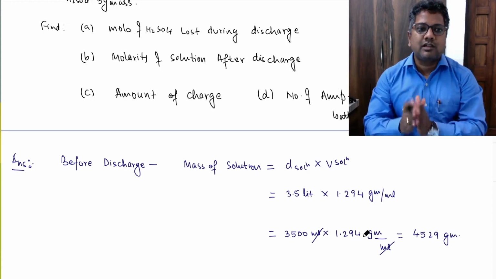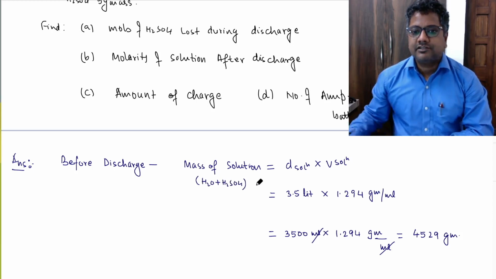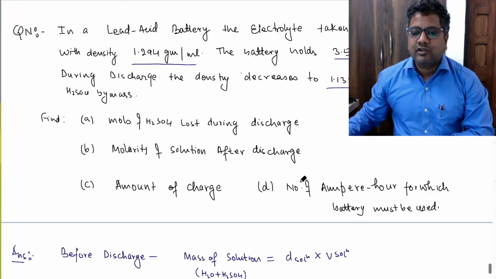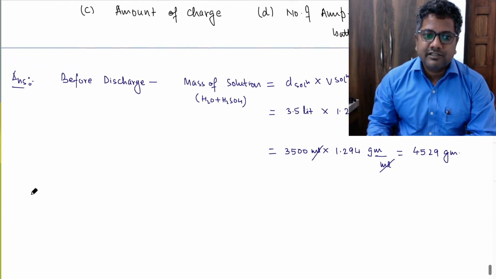So this is the total mass of solution, meaning both H2O plus H2SO4 are present. Now, this is 39% H2SO4 by mass. So we can find out the mass of H2SO4.